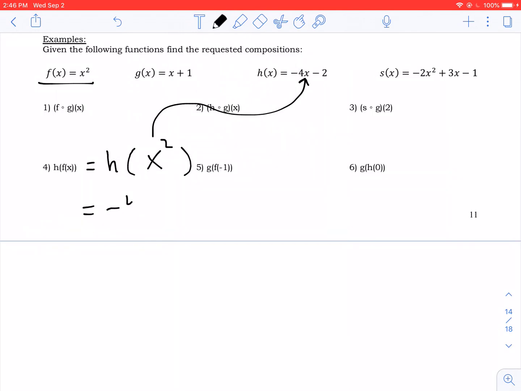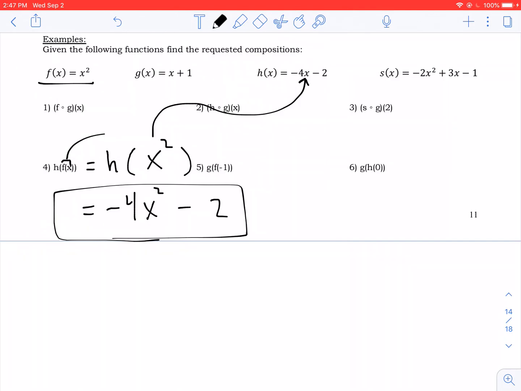So negative 4x squared minus 2. Right? I replaced every x in the h equation with x squared. And we're done. Pretty easy problem there. Take the inside function f of x, plug it into h of x to get out a final composition of two functions.